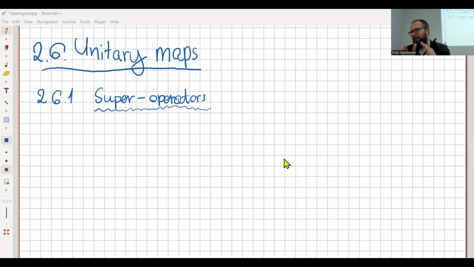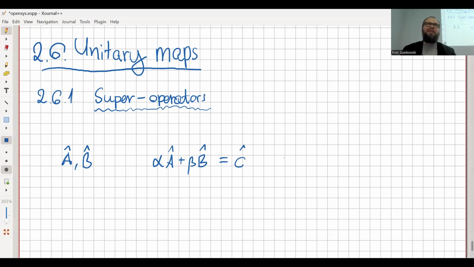But now, again, formally speaking, operators on Hilbert space are also vectors. They also form a vector space, because you don't need much to form a vector space. You get one if you have operators A and B, and you define their sum, or linear combination. This is also an operator. So this is all you need to have a vector space.